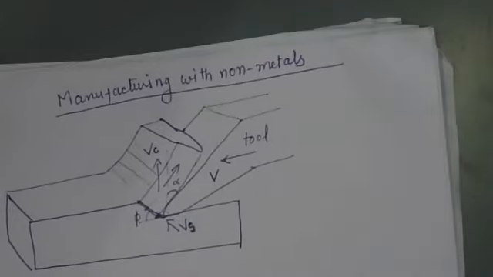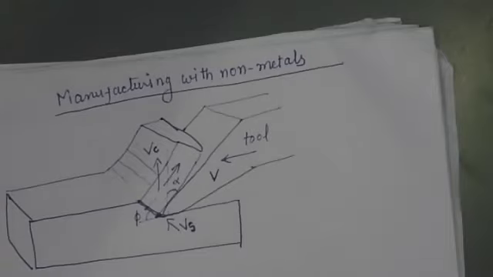Therefore, whenever we analyze a single point cutting tool system, we consider the whole system to exist in equilibrium. And if a system exists in equilibrium, its forces or velocities can form polygons which close. So here three velocities exist.